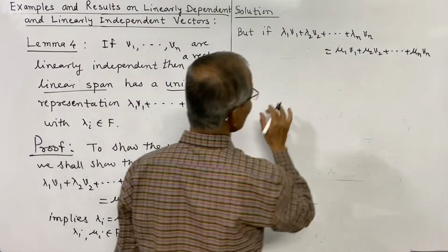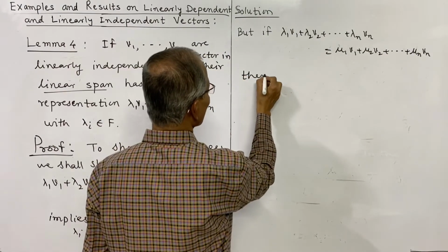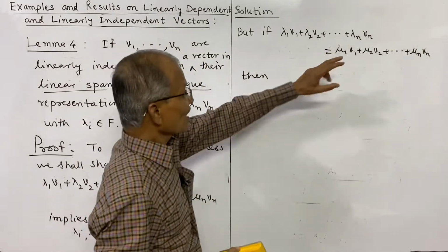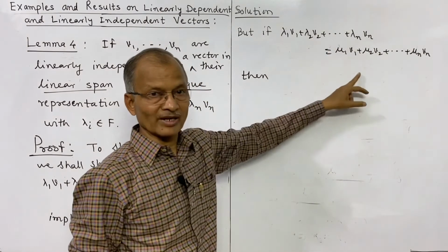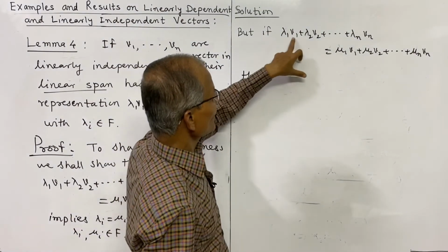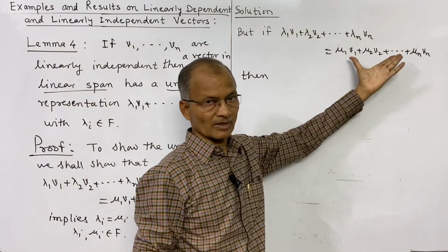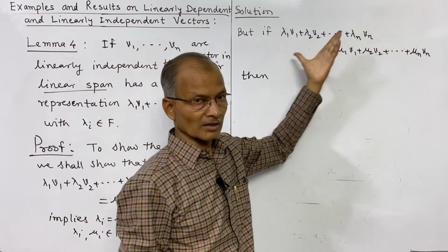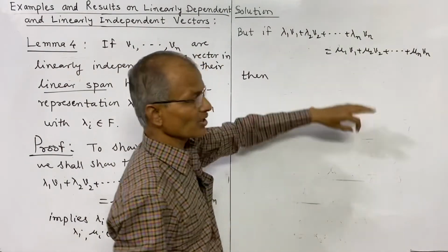If this holds, then we take all the right side vectors to the left side with negative sign, and take the corresponding vector common.